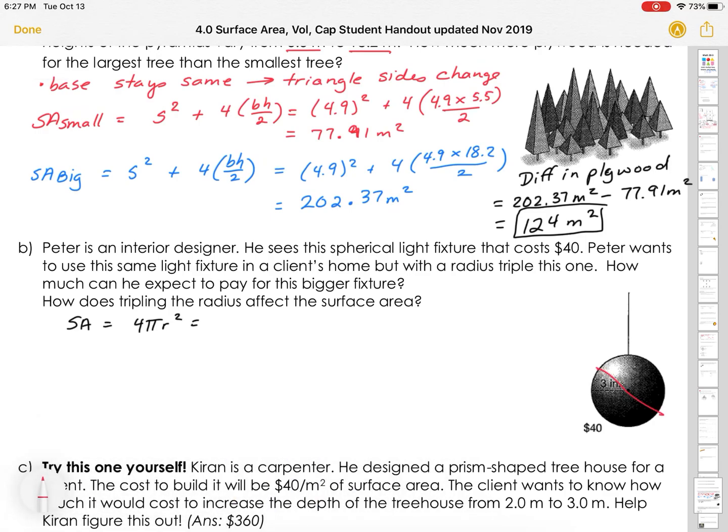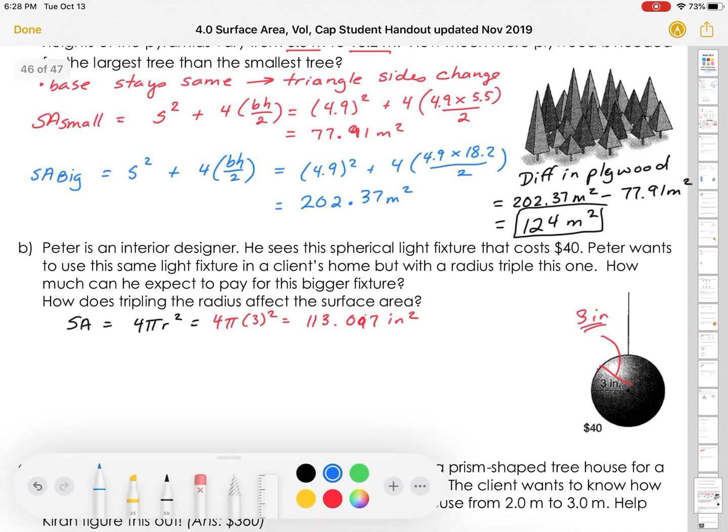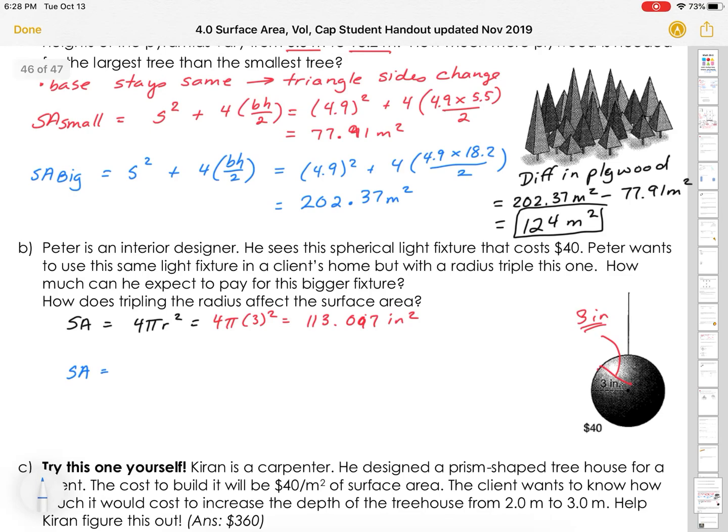So let's use the radius because that's what we want, right? Let's assume that this is 3 inches. We're just going to give it that value just to get a number for it. So we would have 4 pi 3 squared, which will give us 113.097 inches squared. So that's for this one here, right?